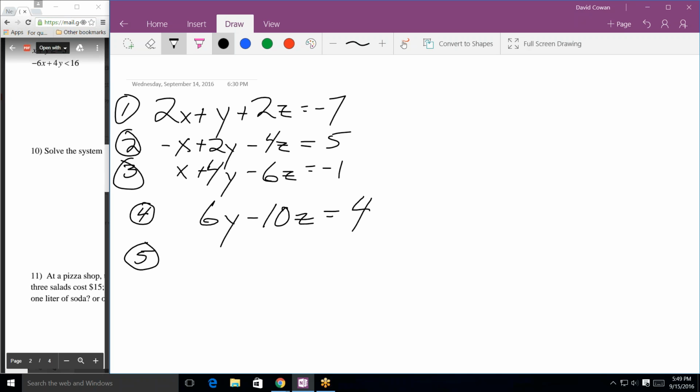Well, most every student I have ever met likes addition better than subtraction. So knowing that, how about we take equation number 2 and multiply it by 2? Get minus 2x plus 4y minus 8z equals 10.